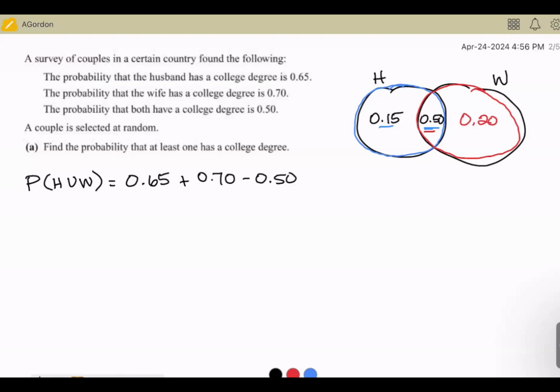So the reason that we have to subtract the 0.5 in this approach is that this is the overlap, so it's already included in the 0.65 and the 0.70. Okay. So we took the probability that the husband has a degree plus the probability that the wife has a degree minus the probability that they both have a degree.